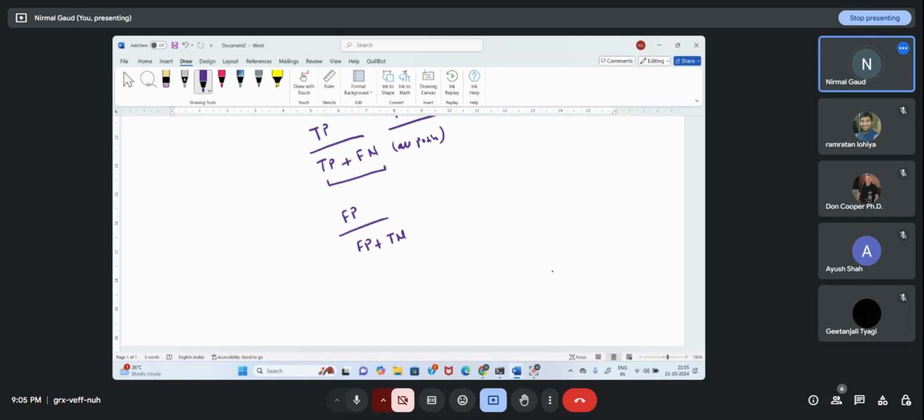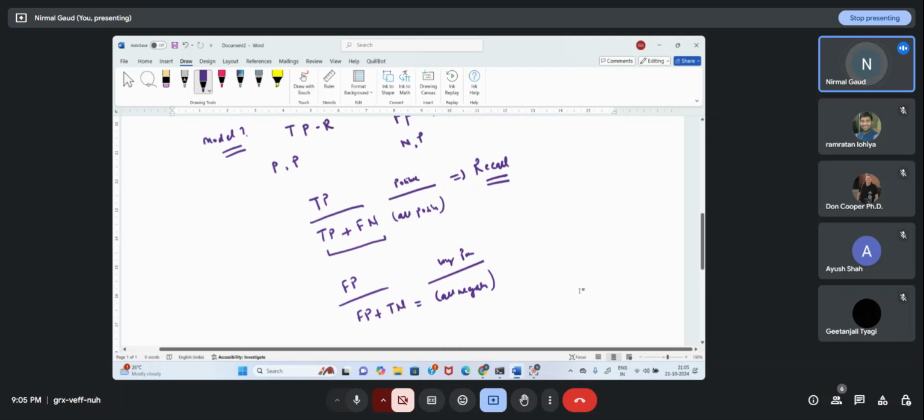So false positive plus true negative means all negatives. In the numerator, I have false positives, which are wrongly classified as positive, but should have been negative.